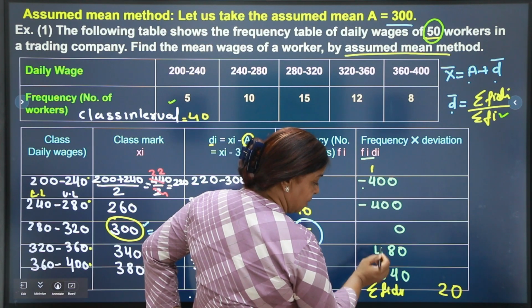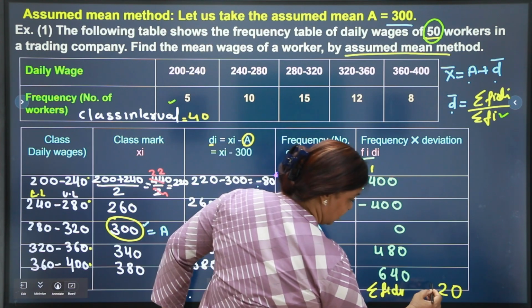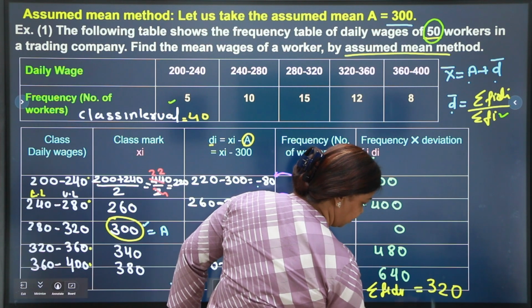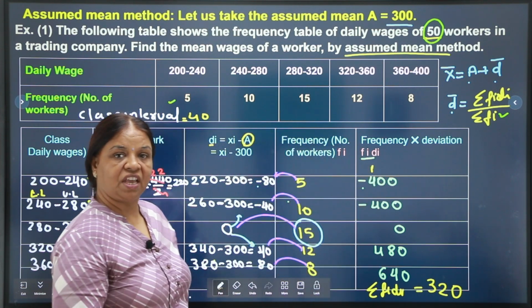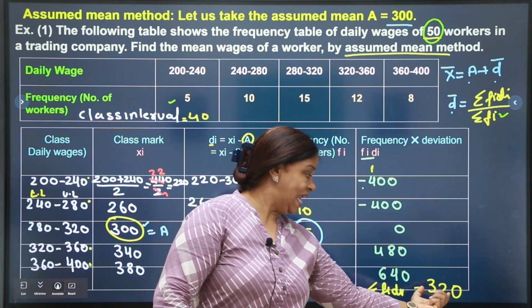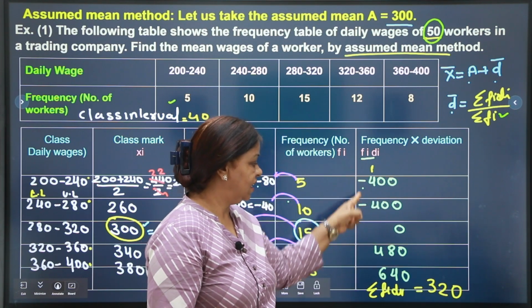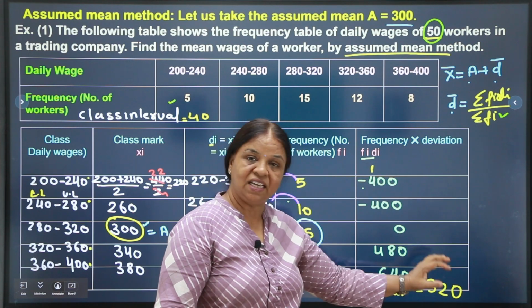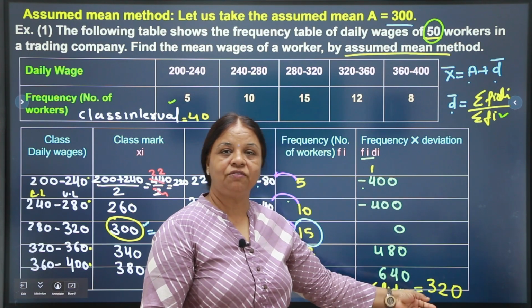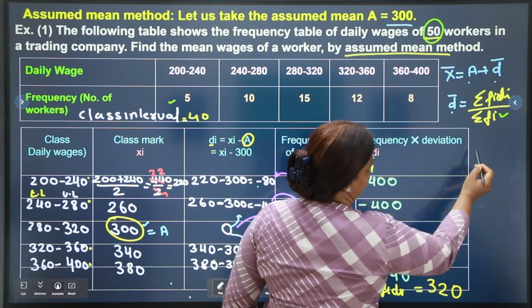Minus 7 plus 4 minus 3. Minus 3 plus 6 plus 3. That is going to be 320. So summation of FiDi is 320. See, we got less value, since there is minus sign, therefore the value which we are getting is less. So it is easy for us to calculate.